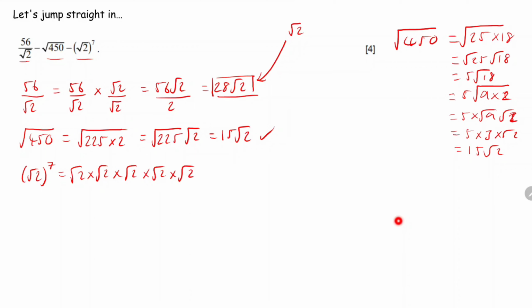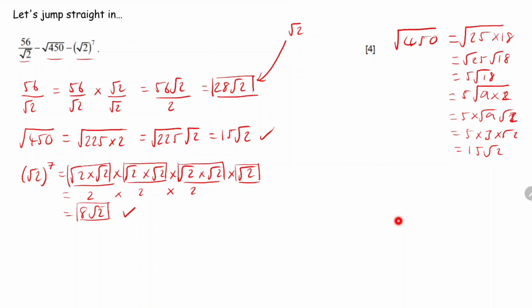This might seem like an arduous way of doing it. 1, 2, 3, 4, 5, 6, 7. And then to recognize that pairs of root 2 will times together to give you 2. So the first 2 will give you 2, the second 2 will give you 2, the third 2 will give you 2. The last one's on its own. 2 times 2 times 2 is 8, so that gives you 8 root 2, which is the last term simplified.